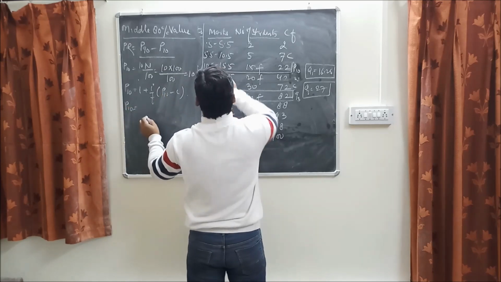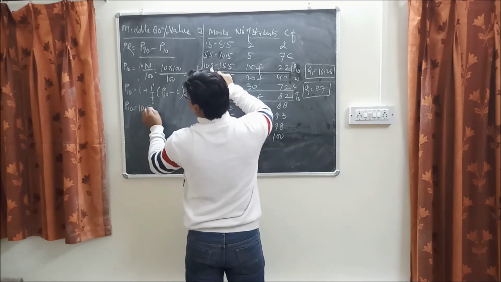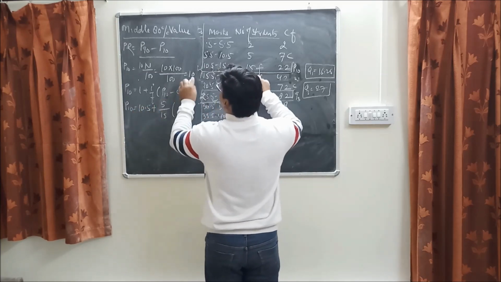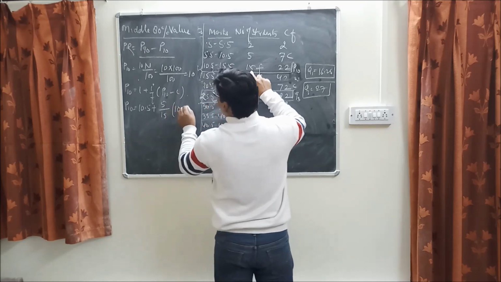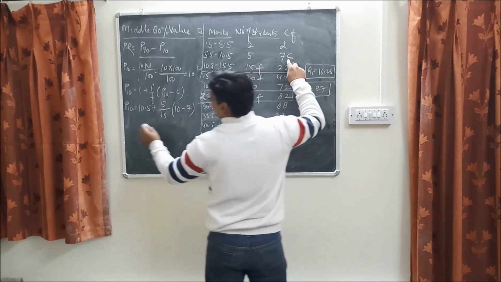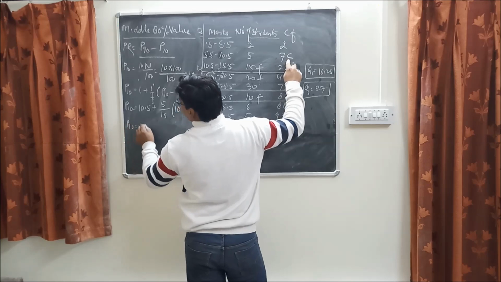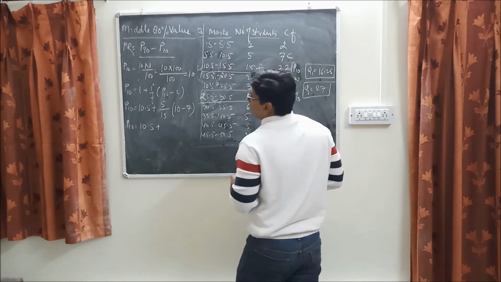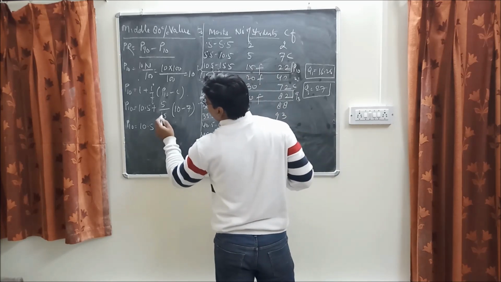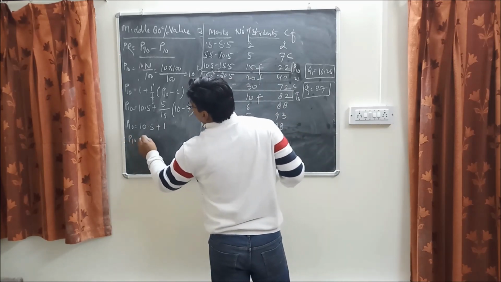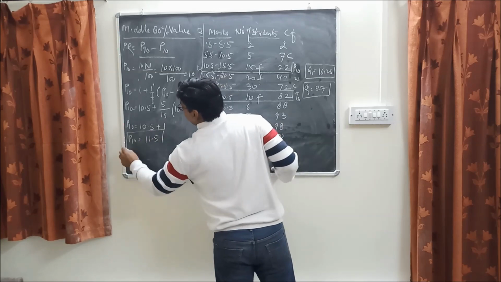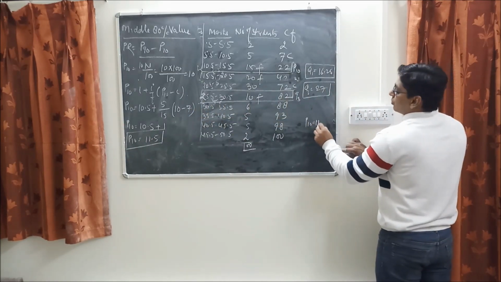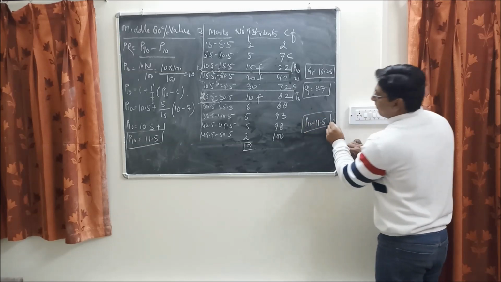P10 equals L 10.5 plus I 5, F is 15, P10 10 minus C equals 7. So P10 equals 10.5 plus (10 minus 7) 3 into 5, 15 upon 15, 1. P10 equals 11.5. So here we find P10 equals 11.5.